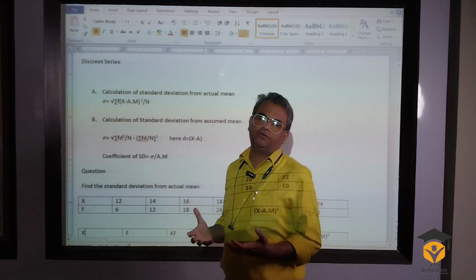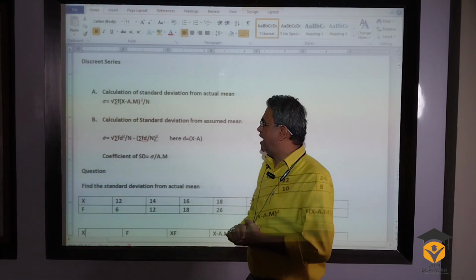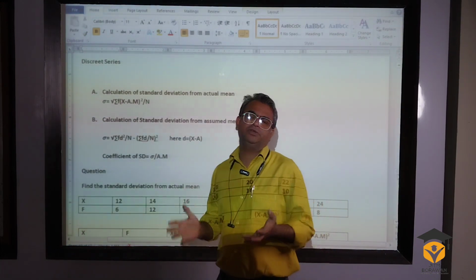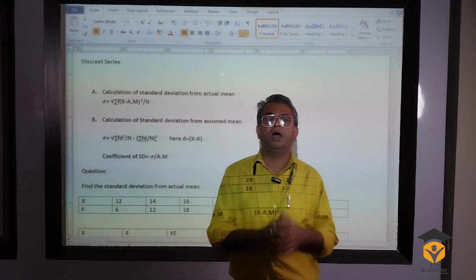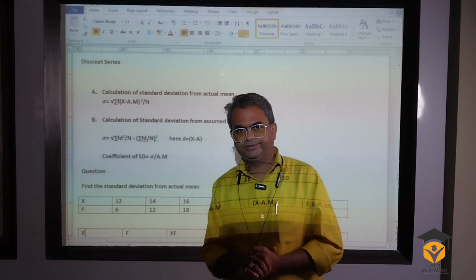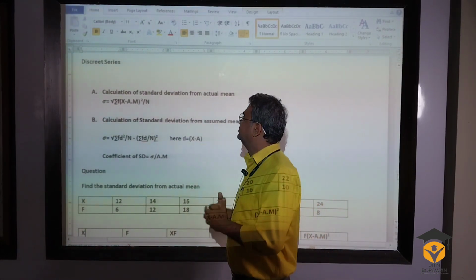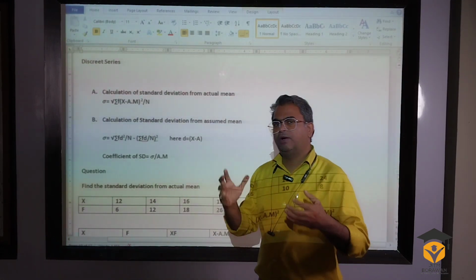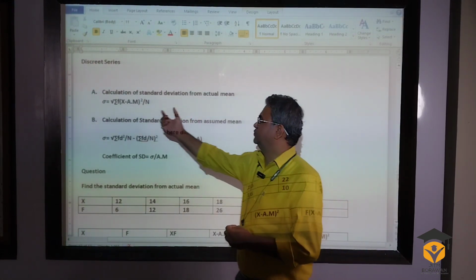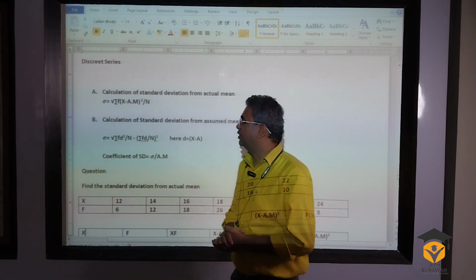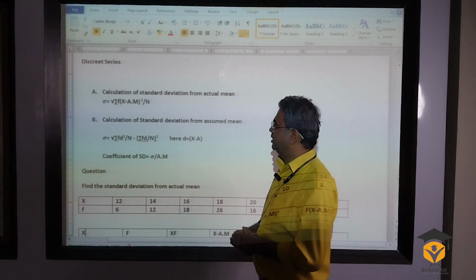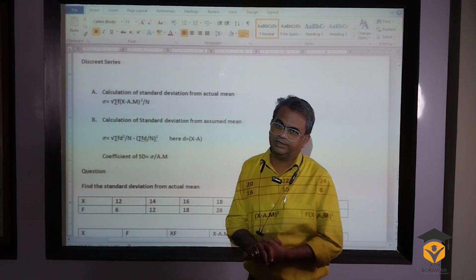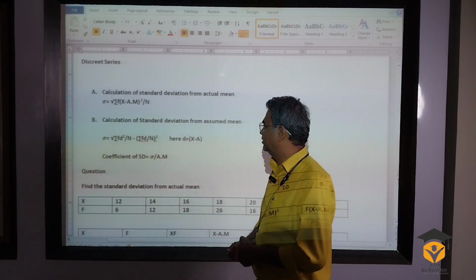Friends, in case of discrete series, we also have a formula to calculate standard deviation. First we have to identify whether it is an individual series or a discrete series. In case of discrete series, when we calculate the standard deviation from the arithmetic mean, we have this formula: sigma equals the square root of summation f times (x minus arithmetic mean) whole square, divided by the number of observations.